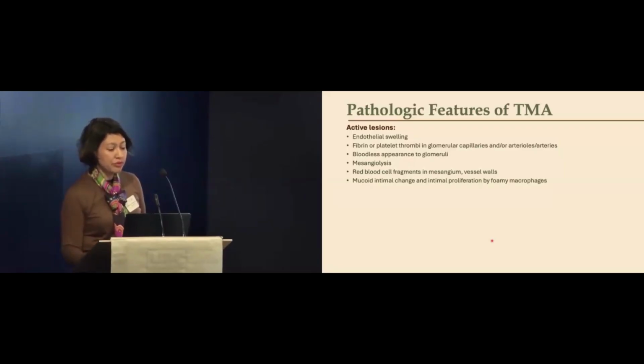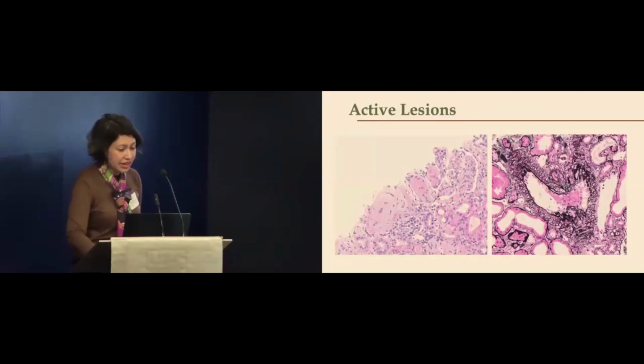Mesangiolysis, red cell fragments in the mesangium, so sometimes it is hemolytic, and mucoid intimal change and intimal proliferation by foamy macrophages. So an example of that, this is another patient that I also recently had right before this other case, a patient with lupus, antiphospholipid antibody negative, but presented with malignant hypertension because of her lupus vasculopathy, and then a really terrible TMA within the larger vessels.